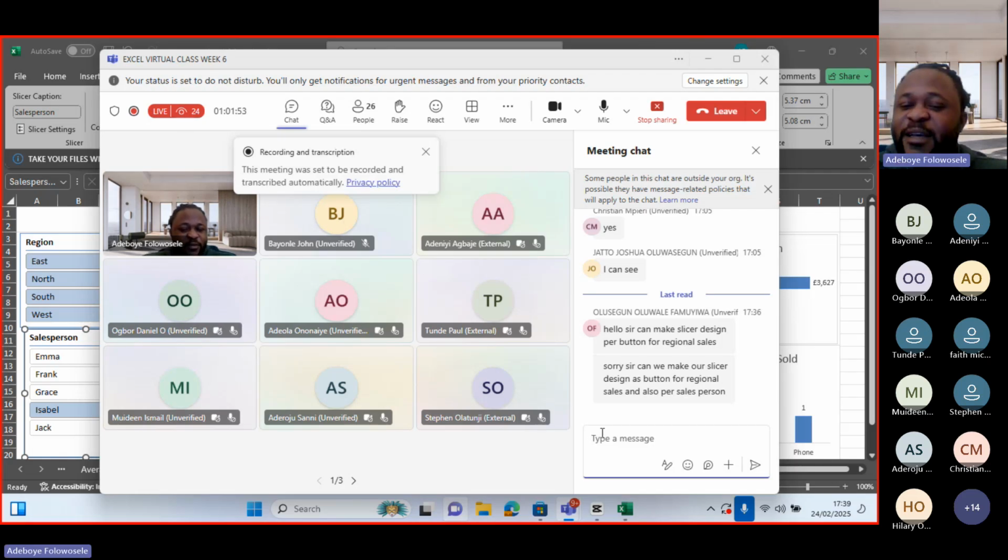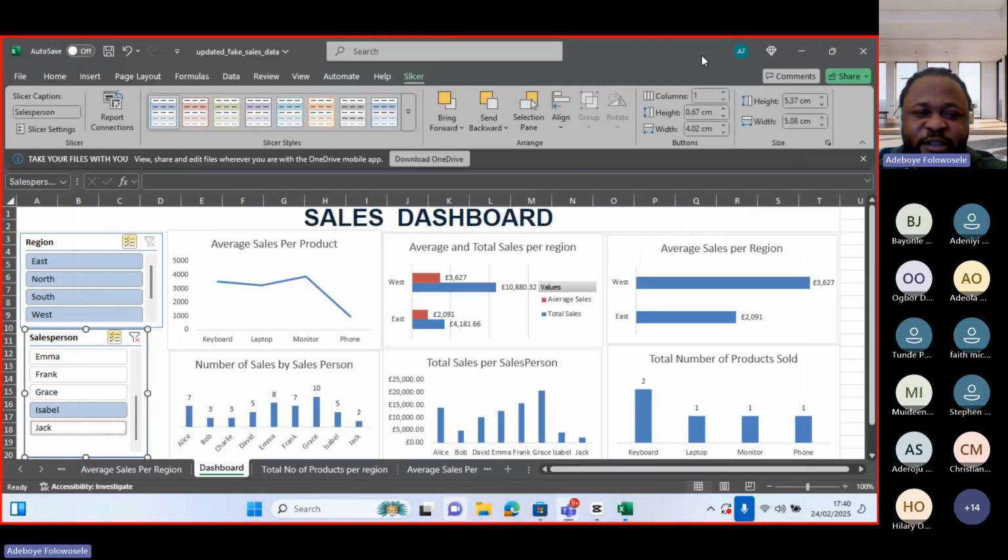Can we make our slicer design as button for regional sales? And this is regional sales. This is east, north, south, west. And this is for salesperson. That's what I just did.